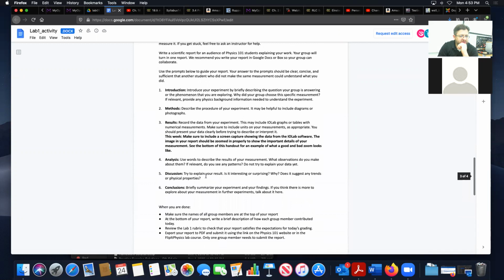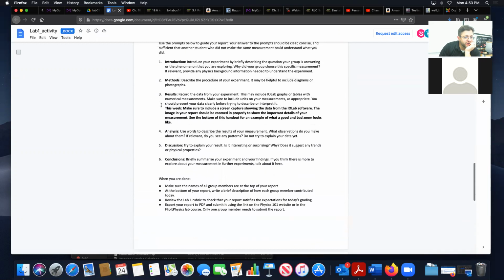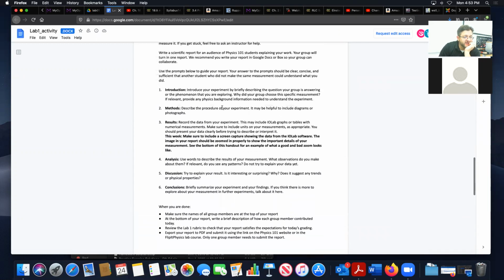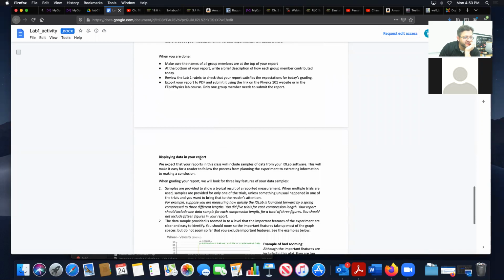well, here they're actually showing you a way to write a report. So they want you to write a report using a very standard method, but I'm not that picky about it. But you could go ahead and use this right here as just an outline to fill this stuff in if you want.